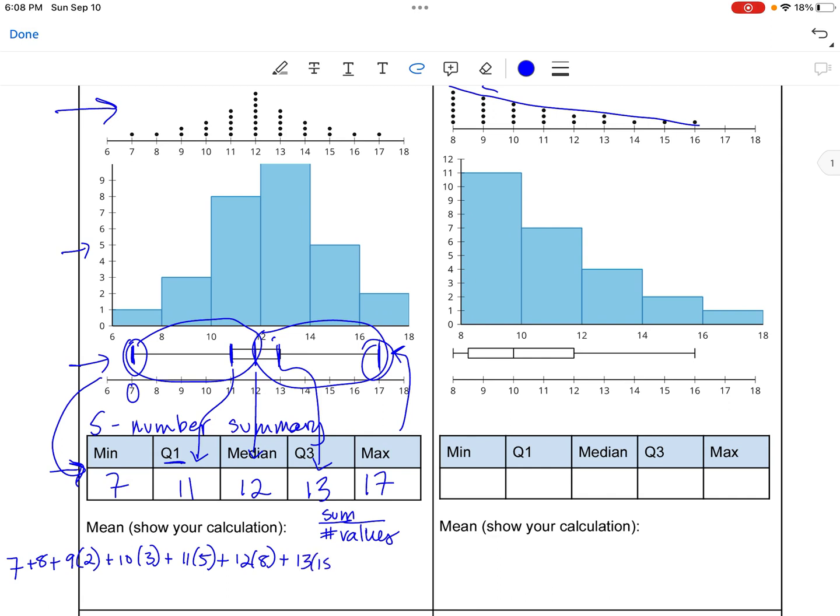There's 5 13s, 13 times 5. 14 times 3. See how there's 3 values at 14. 15 times 2, and then 16 and 17.